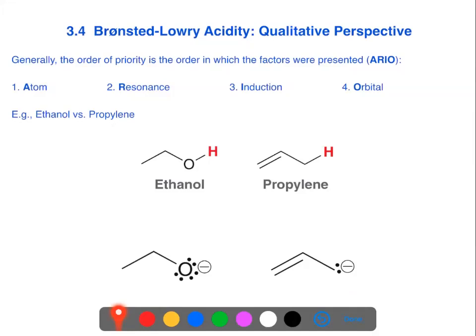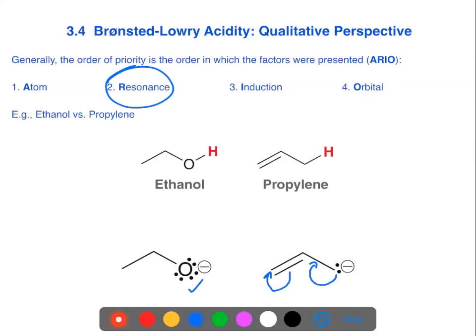And as a result, we would expect ethanol to be a stronger acid. Now, yes, it's clear to see that there is a resonance structure that could be drawn for this particular conjugate base. But again, because resonance is, in our order of priority, second compared to the atom effect, the atom effect is going to be the predominant effect that gives rise to the stability of the conjugate base.